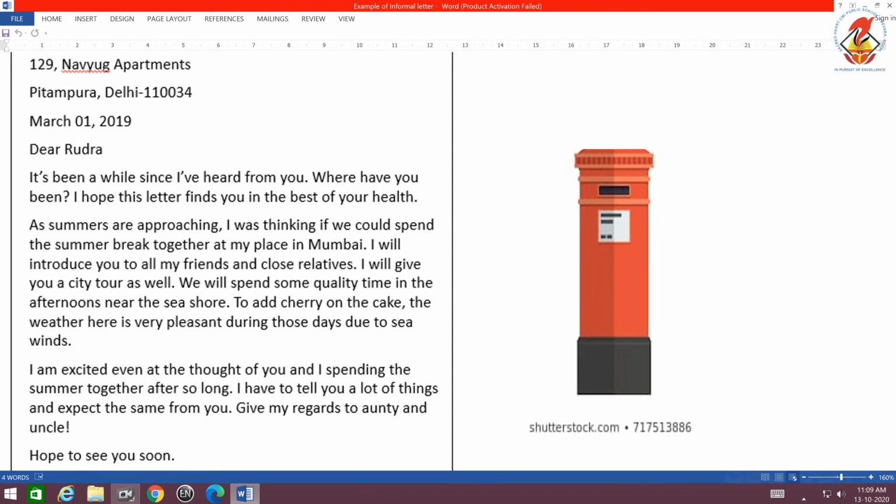We'll spend some quality time in the afternoons near the seashore. To add cherry on the cake, the weather here is very pleasant during those days due to sea winds. I'm excited even at the thought of spending the summer together with you after so long. I have to tell you a lot of things and expect the same from you. Give my regards to auntie and uncle. Hope to see you soon.